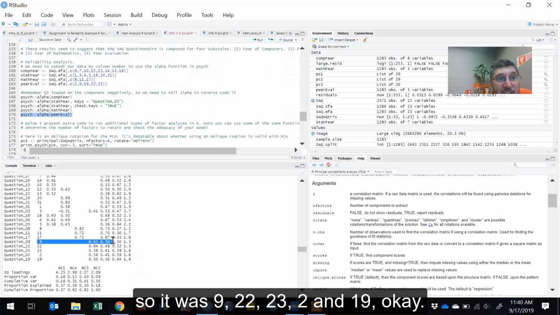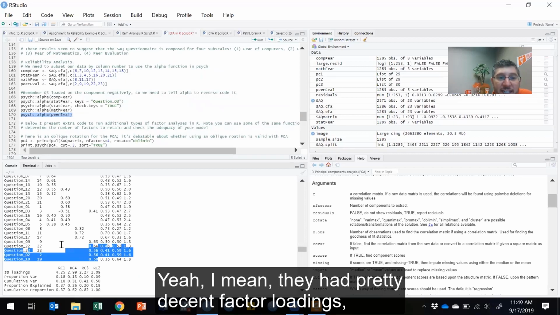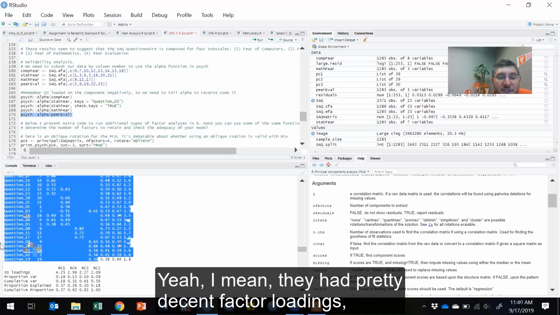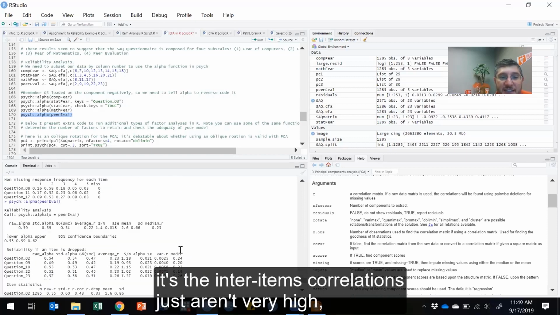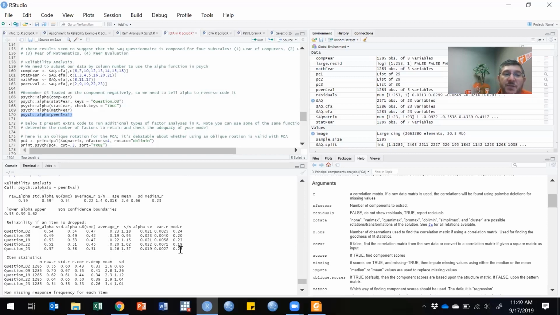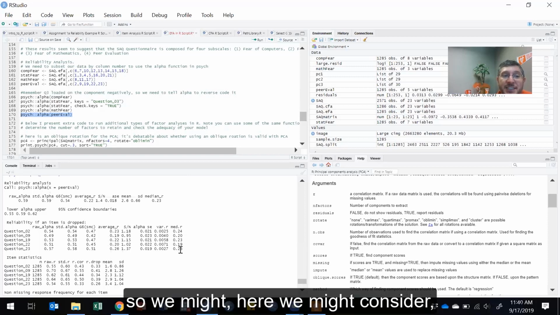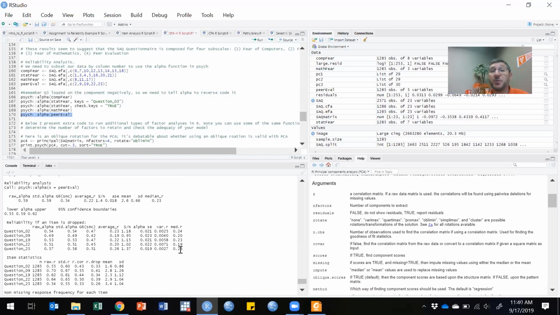So it was 9, 22, 23, 2, and 19. Okay. Yeah, they had pretty decent factor loadings. They were all positive. It's the inter-item correlations that just aren't very high. So here we might consider, is this scale useful for us or not?